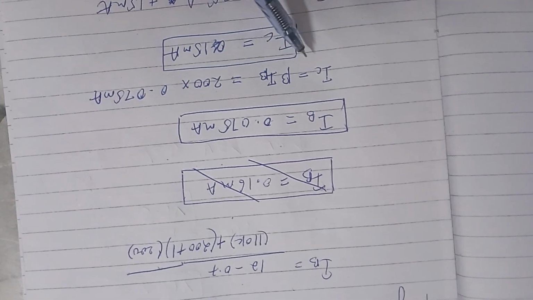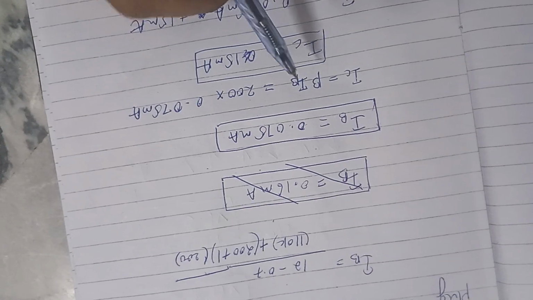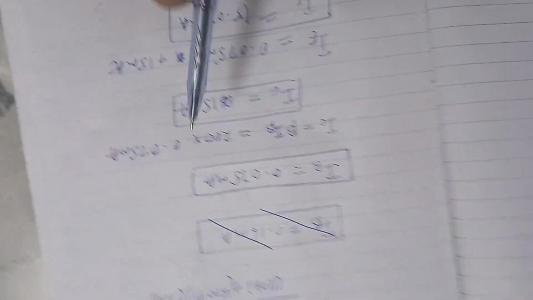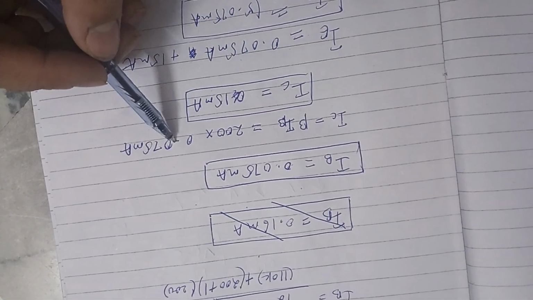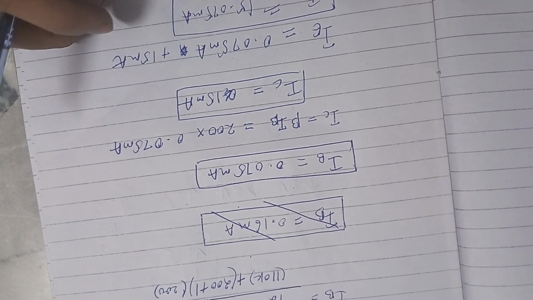Also, IC is beta times IB as we discussed previously, so IC is 200 times the base current, which gives us 15 milliamps.